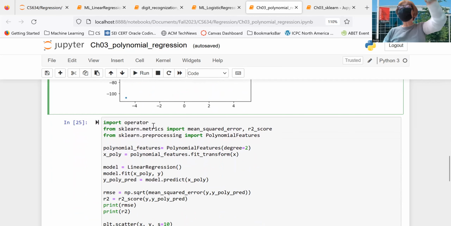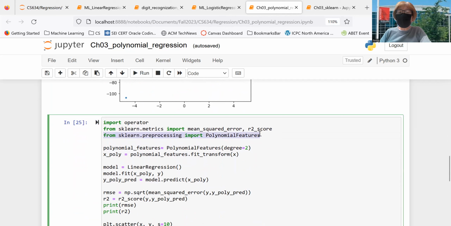How do we do polynomial? You can do some preprocessing. You use polynomial features and specify which degree of polynomial you want.